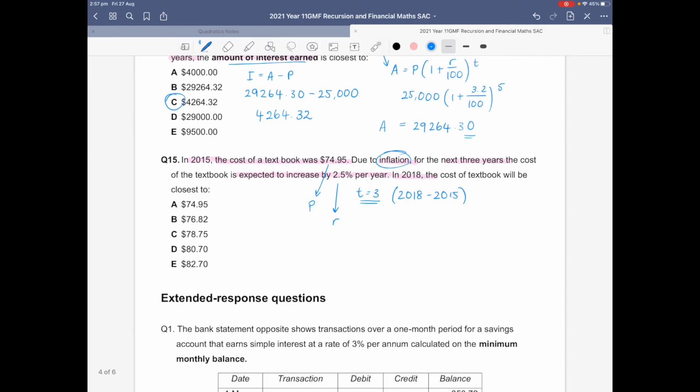So putting this all together into an equation, we've got $74.95 brackets 1 plus 2.5 divided by 100 to the power of 3, and that will give us an answer of $80.713 according to my CAS, which is approximately $80.70. So our answer for question 15 will be D.